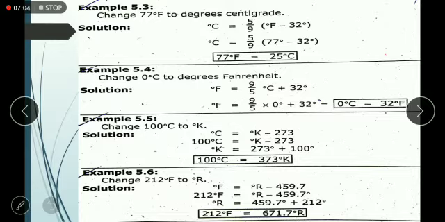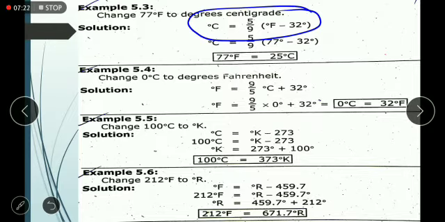The first one is to change 77 degrees Fahrenheit to degrees centigrade. This formula is already learned: degree Celsius is equal to 5 by 9 into degree Fahrenheit minus 32 degrees.